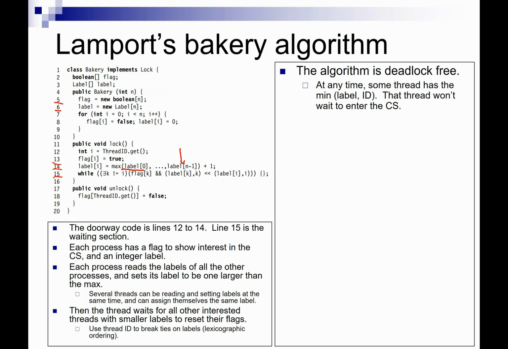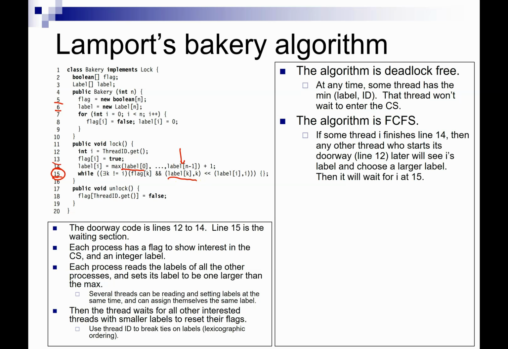At any time, these processes all have some labels, but there's a minimum among these. When the process with the minimum label does line 15 over here, he's not going to see anybody else with a smaller label because he's got the minimum. So the process with the minimum label definitely will not wait at line 15, and at least that process can get into the critical section.